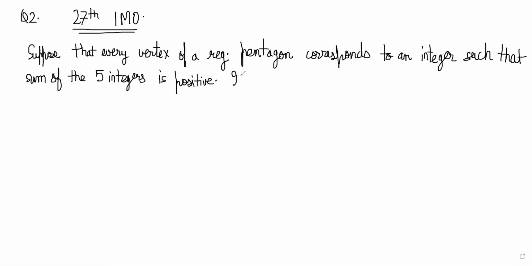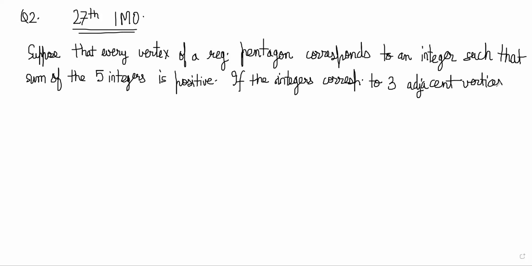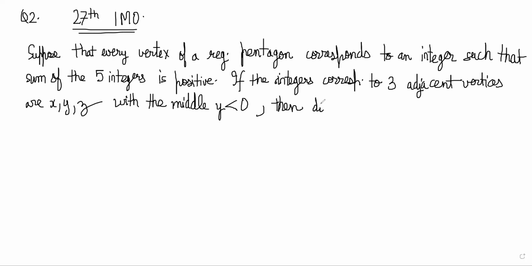If the integers corresponding to 3 adjacent vertices are x, y, and z, with the middle y less than 0, then do the following adjustment.